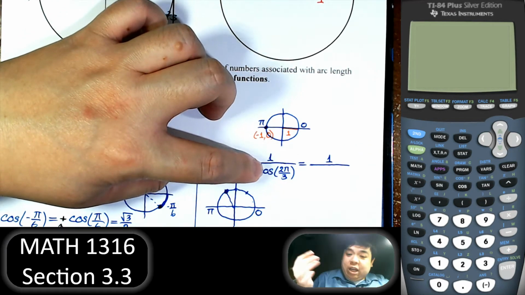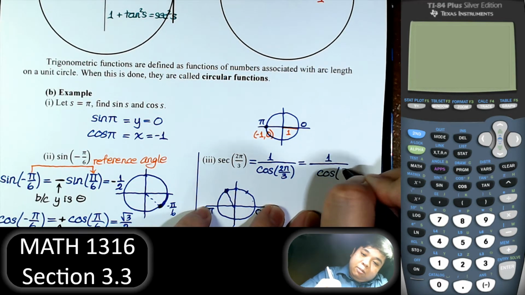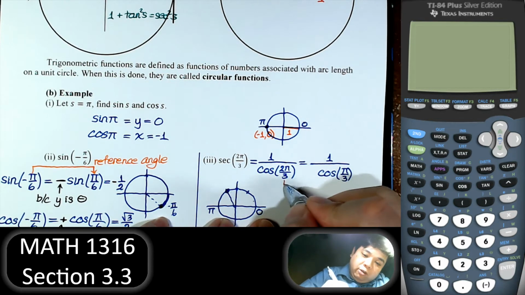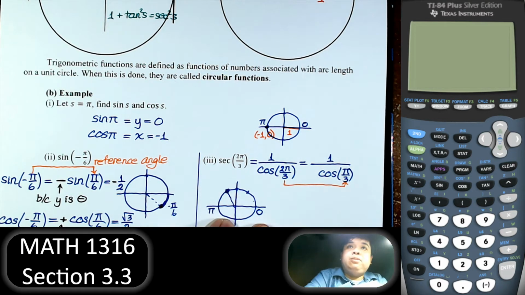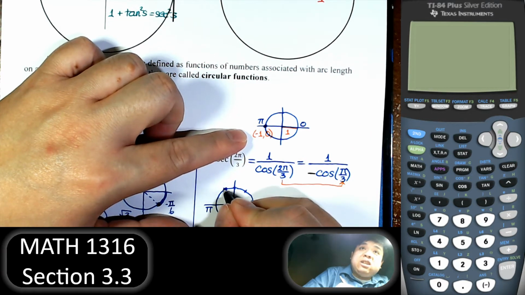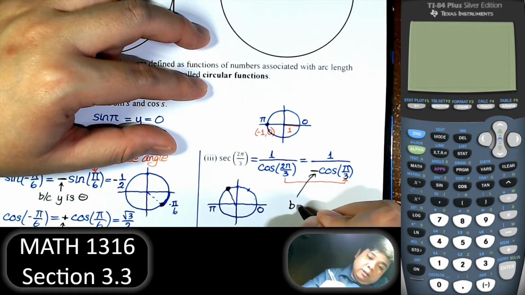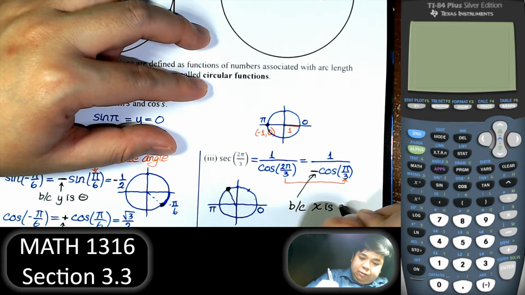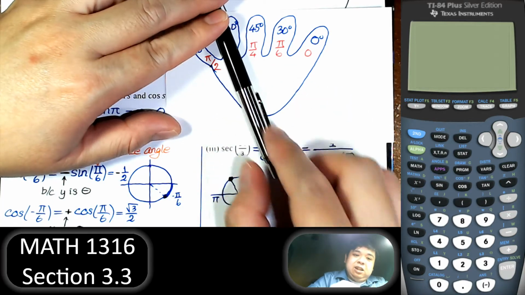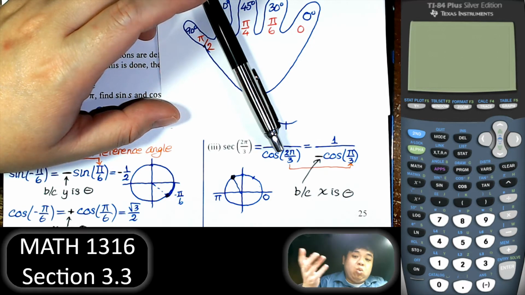And for cosine, we can use the reference angle again, pi over 3. Once again, we go from 2 pi over 3 to pi over 3 as the reference angle. And then we throw in the negative sign because cosine is the x value, and the x value of this point on the unit circle is negative. Cosine of pi over 3: cosine is the number of fingers on the left, so we have square root of 1 over 2, which is 1 over 2.